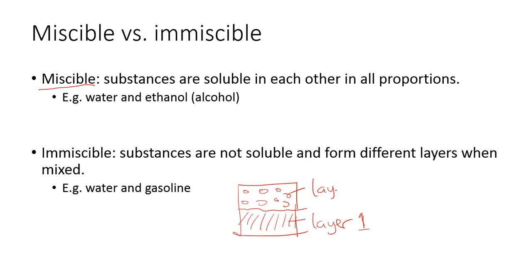This is layer 2. So in that case, you say these ones are not mixing. Therefore, they are not miscible. Substances that are not soluble and form different layers are what we call immiscible substances. So those are two important terms that we can think about as we deal with solutions.